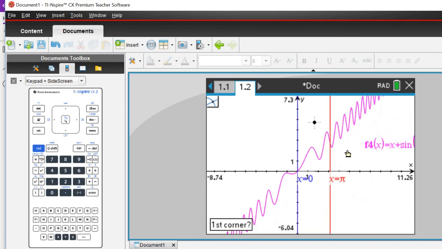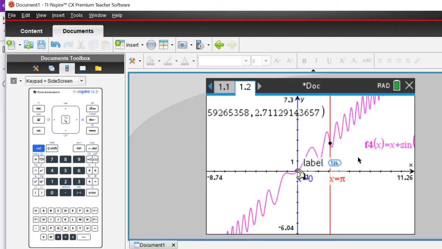Click, drag out a region. There we go. There's my y value at that black point there. Obviously, the end point isn't the global maximum. The global minimum occurs here when x equals 0. So we have to find the actual points.